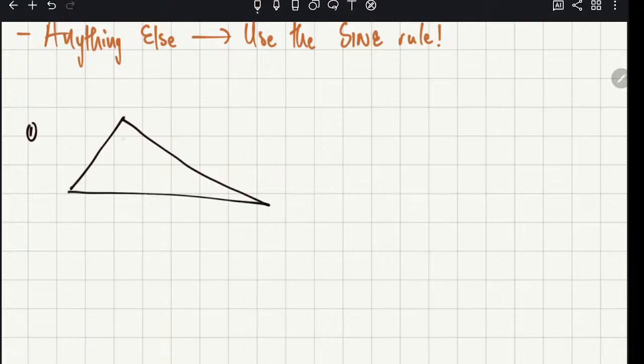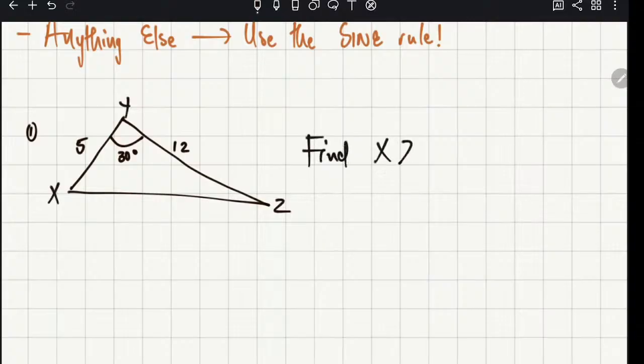Then you are told that this is 5, this is 12, this is 30 degrees, and it is triangle XYZ. Then they say, find XZ.